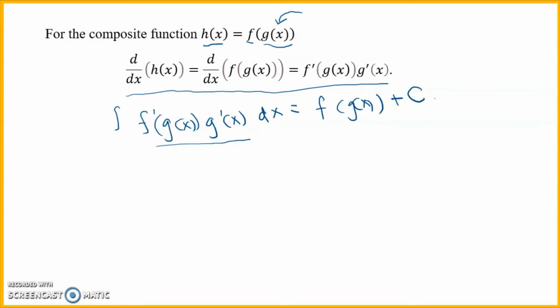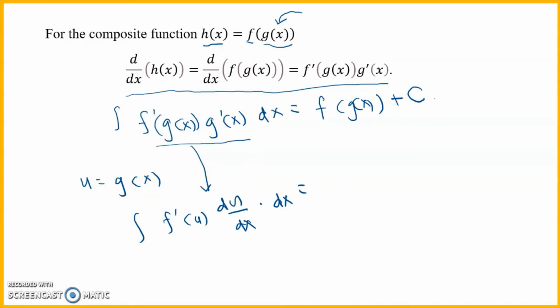Plus c here. Okay, if we replace u equal to g of x, so this is where the substitution comes in, then we can rewrite this integral as f prime of u, du dx, times dx, equal to f of u plus c.